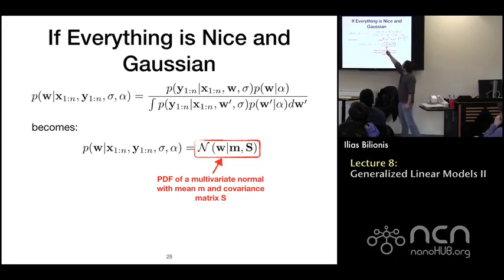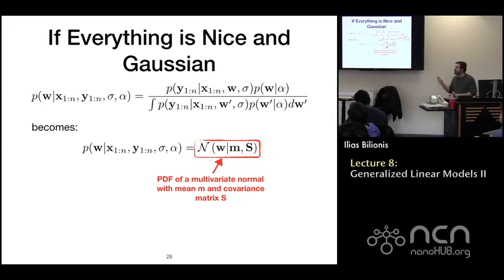So you have this normalization constant, the determinant of the covariance matrix, and the exponential of this expression, where you have w minus mu, transpose, the inverse of your covariance, and so on.